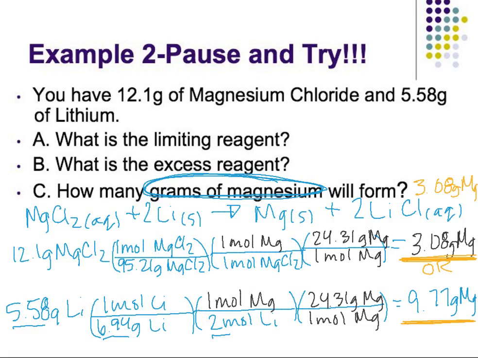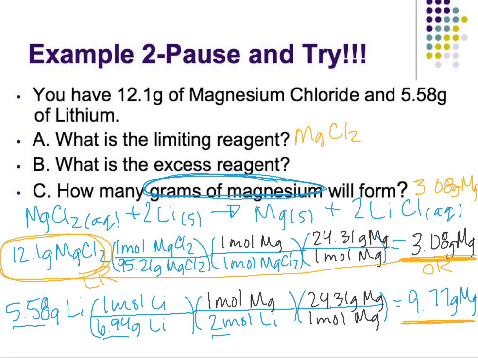Why? Because once we've made 3.08 grams of magnesium, we will run out of magnesium chloride, our limiting reactant. So MgCl2 is our limiting reactant.